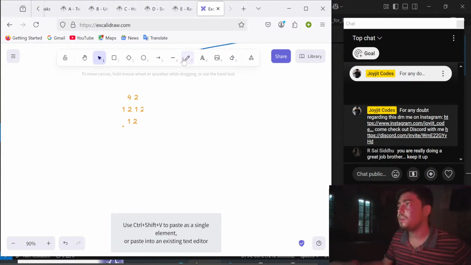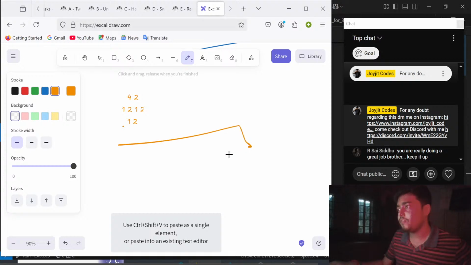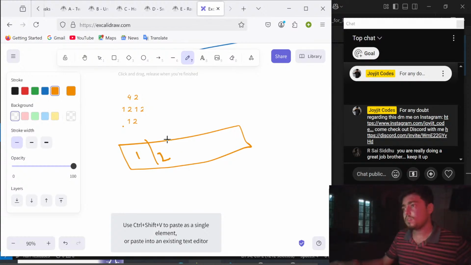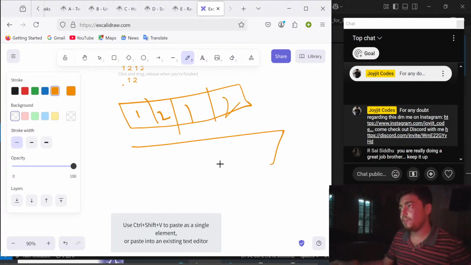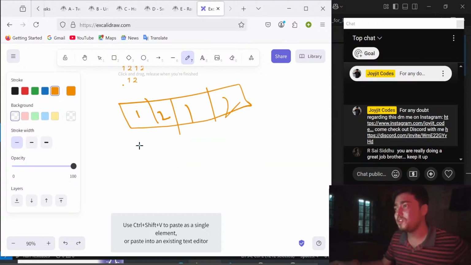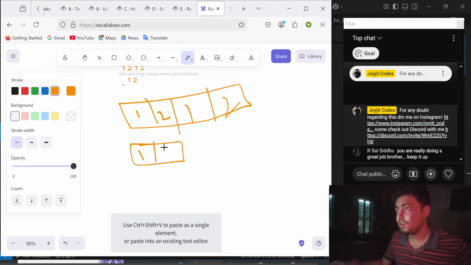Okay. Which means that the first array, it is going to be 1 2 1 2, right? And the second one is going to be, it went too big, it is going to be like this: 1 2, right?